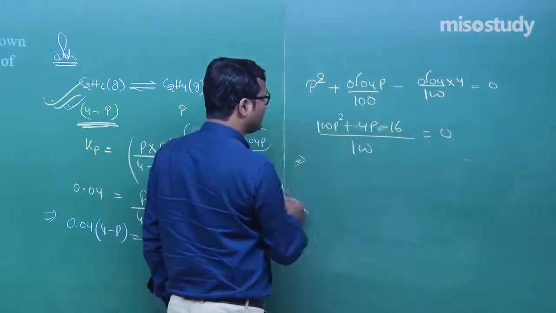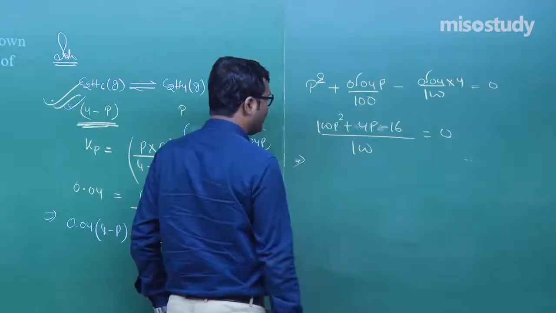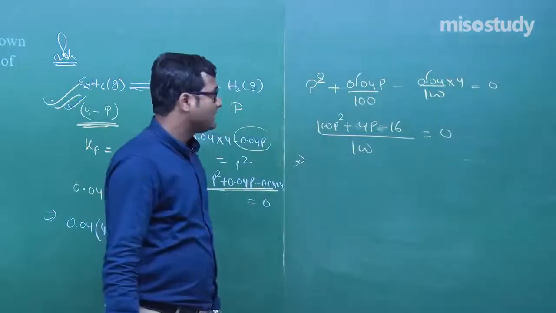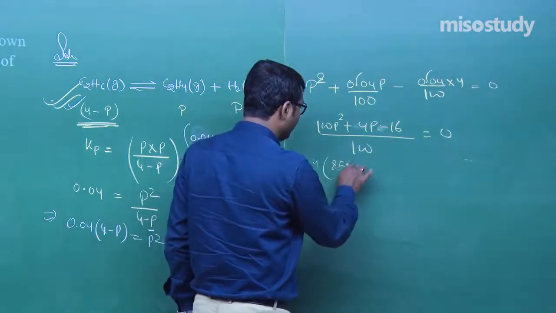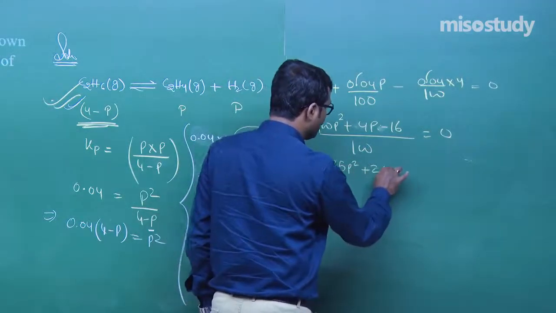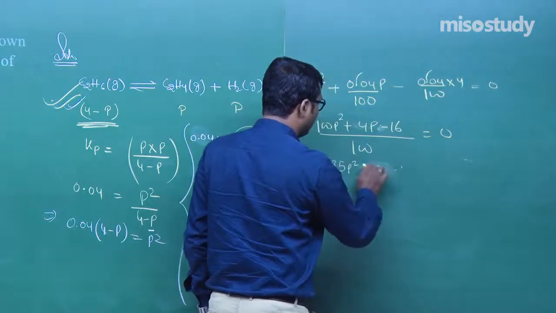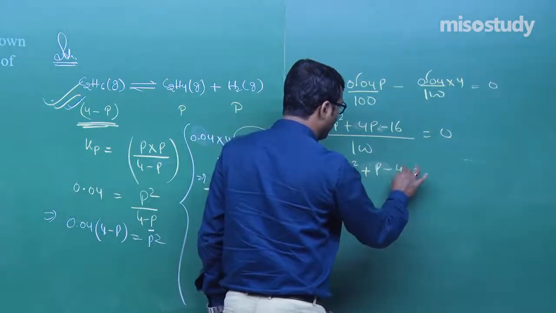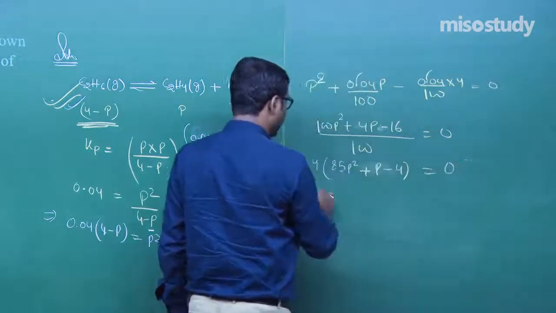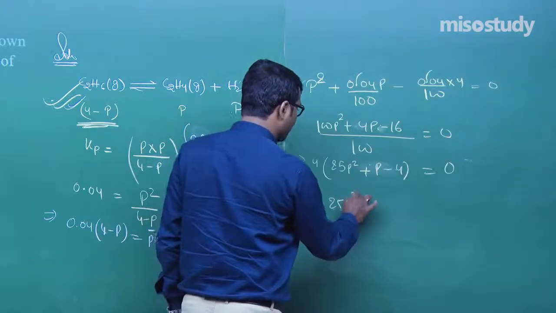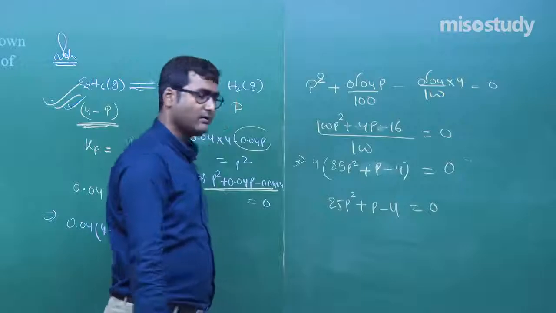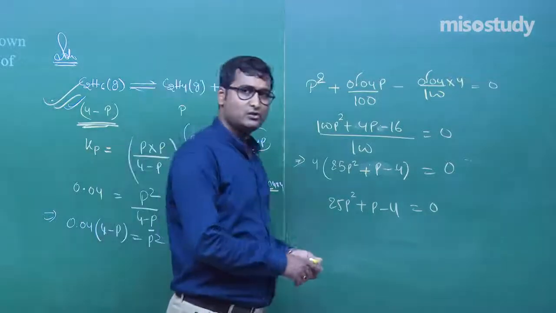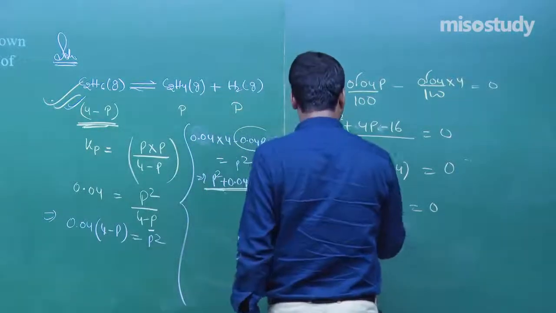Is there any common factor we can take? Yes, we can take a common 4, that is 25P square plus P minus 4 is equal to 0, my friend. Now you can easily solve the expression and get the value of P.